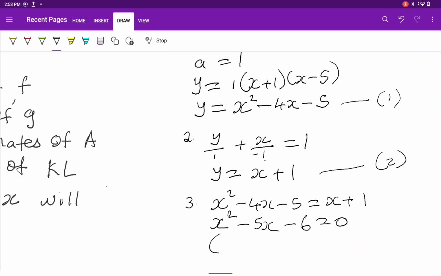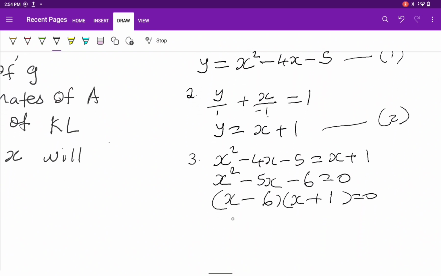This is 0, so we can factorize this, and we have x and x, a minus and a plus. Factors of 6 that subtract to give negative 5 are 6 and 1. So the x value is 6, or the x value is negative 1. Now these are the x values.